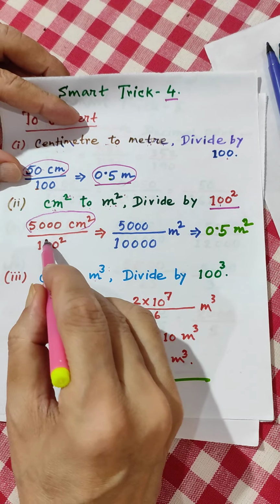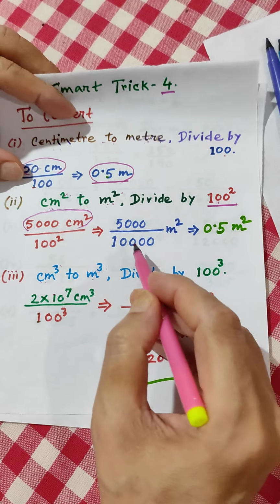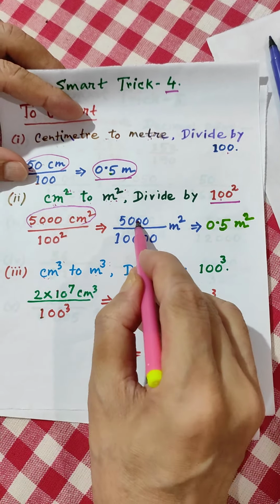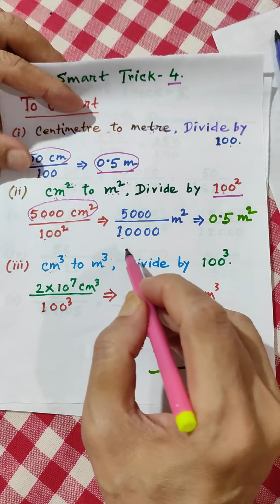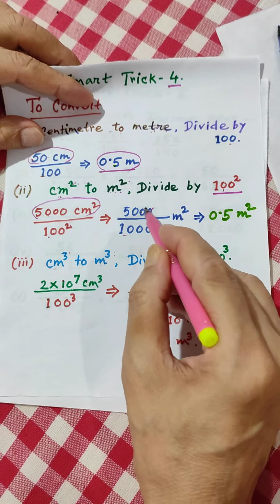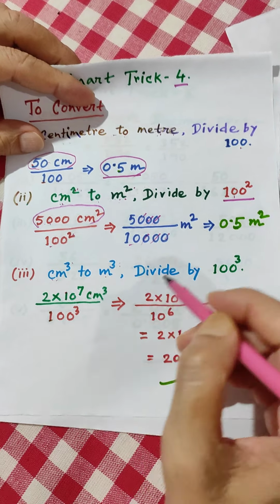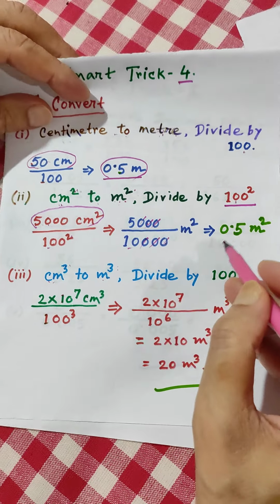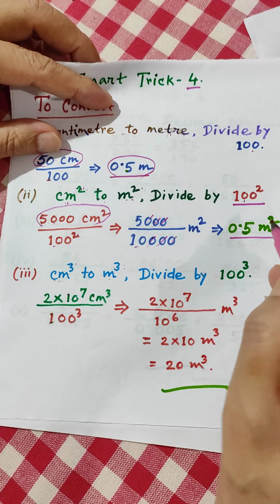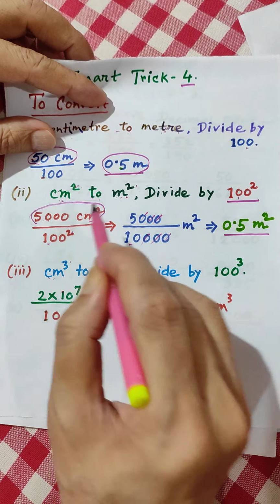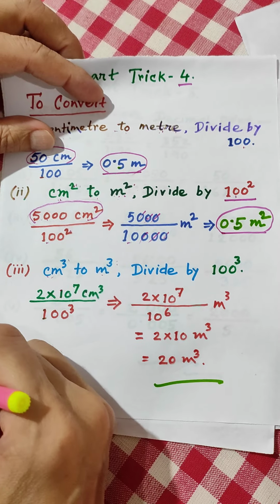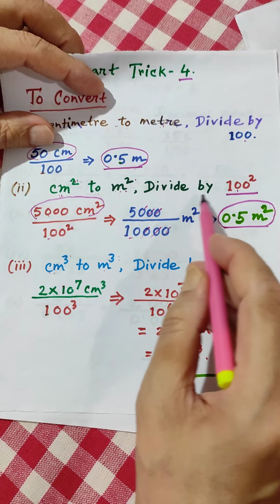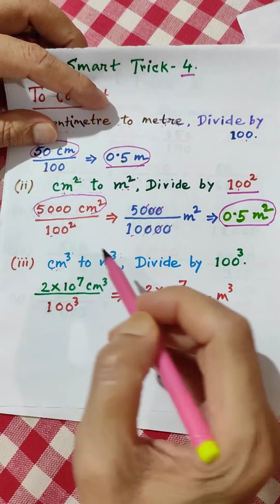So you divide by 100 square. 5000 divided by 100 square. 100 square means 10,000, 100 into 100. Now 3 zeros cancel. What remains? 5 by 10, which is 0.5 meter square. So 5000 centimeter square is equal to 0.5 meter square. So how did you do it? Dividing by 100 square.